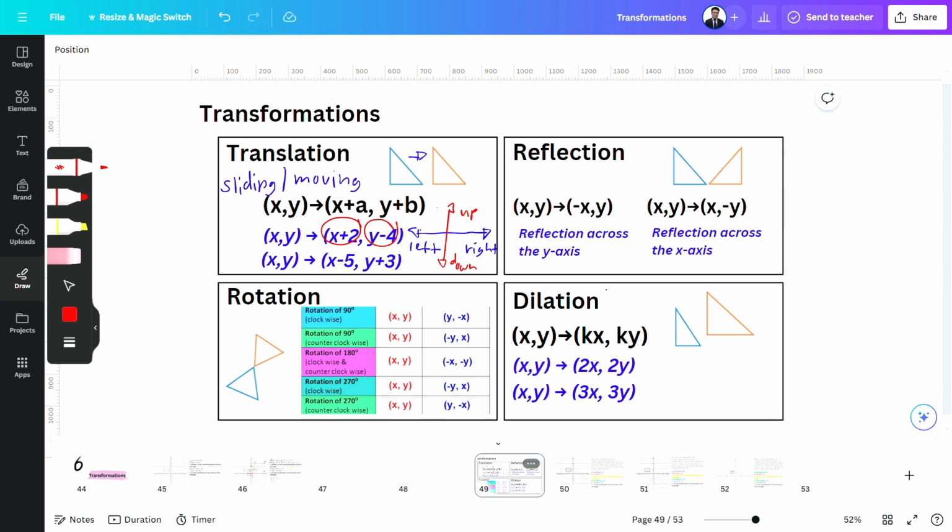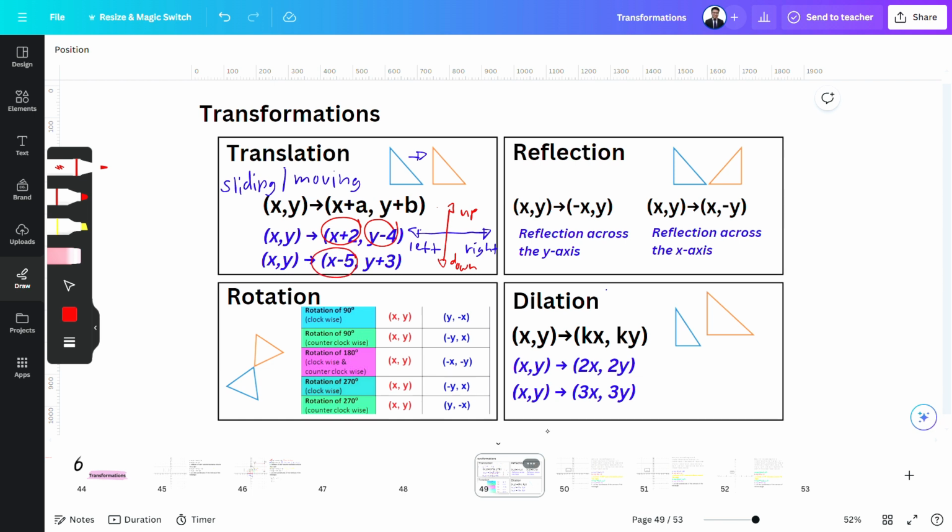Since x is plus 2, it's positive, right? It's going to the right side. So we will move the figure 2 units to the right. And then the y minus 4 would mean, since it's minus 4, we have to go down 4 units.